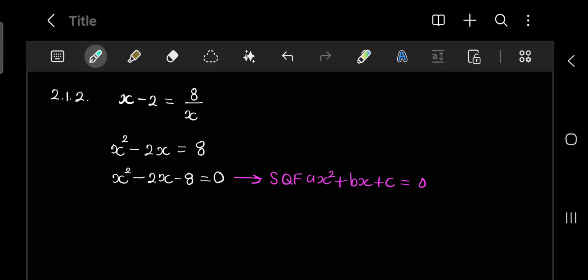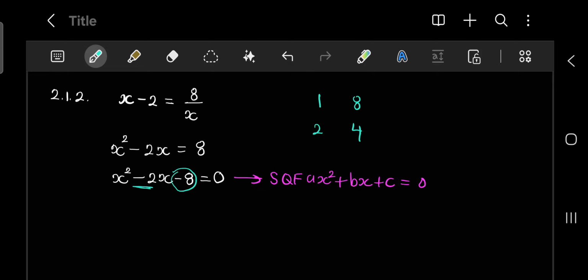Now we're going to focus on factorizing, and we are looking for factors of this third term, which is negative 8. First, focusing on 8, factors would be 1 and 8, 2 and 4. And remember, you are looking for factors that when you multiply them, they give you negative 8, and when you add them, they give you negative 2.